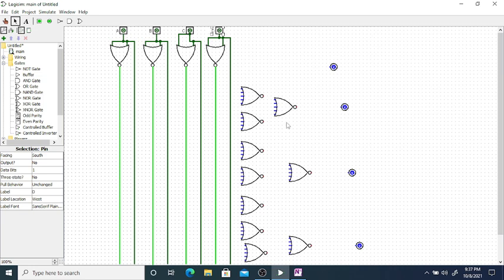Now we are going to make the connections for each NOR gate. So first we will take the inputs. So we will require 2 inputs over here. Here we will require again 2 inputs. Then here we will require 2 inputs again.